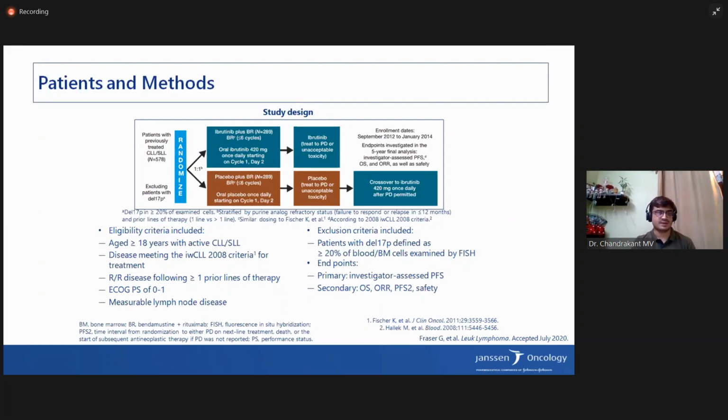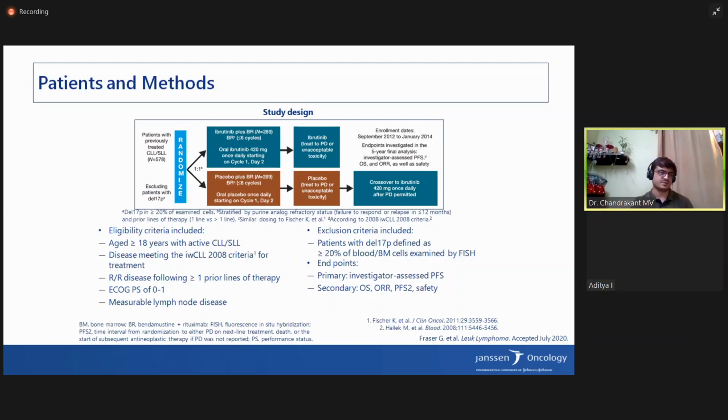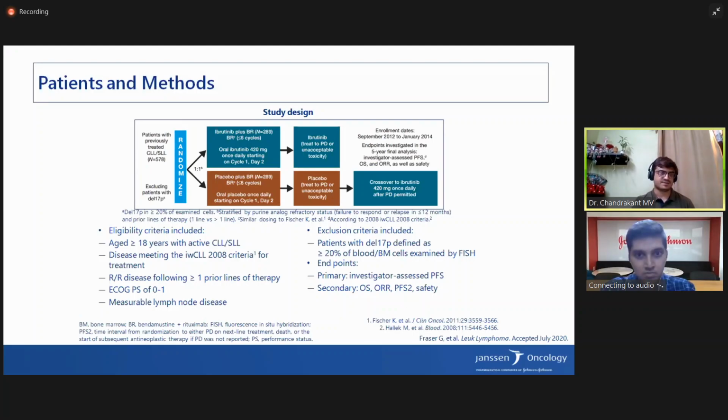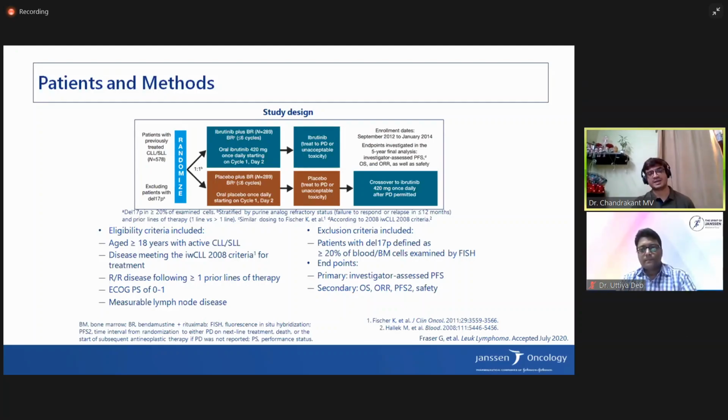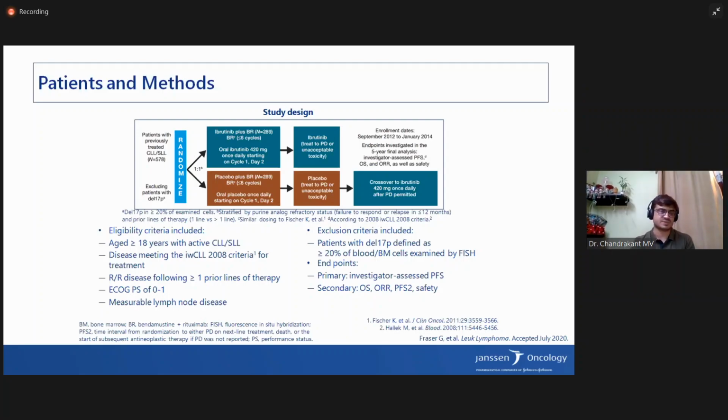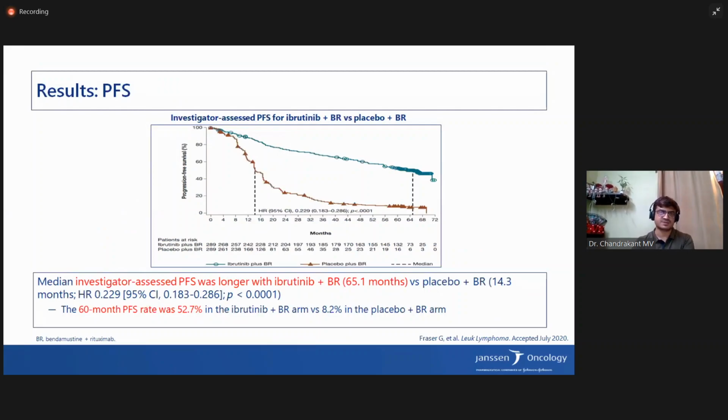The patients were aged more than 18 years with active CLL/SLL meeting the IWCLL criteria, relapsed refractory disease with at least one line of therapy before, ECOG performance status 0 to 1 and measurable lymph node disease. They excluded 17p because B plus R doesn't work in this subset. The primary endpoint was investigator assessed PFS, and secondary endpoints were OS, response rate and PFS2.